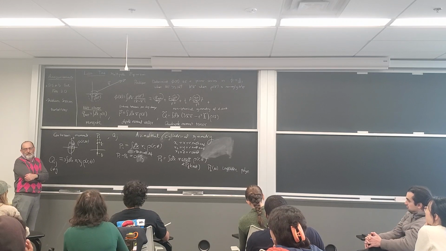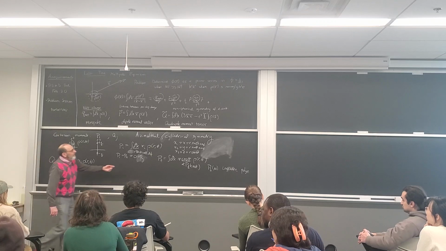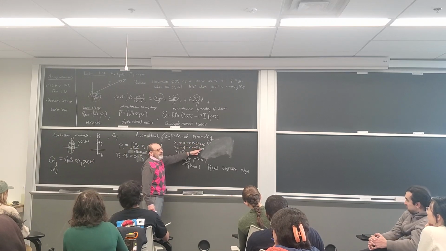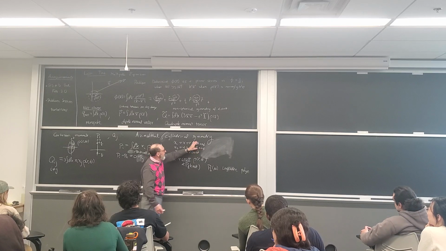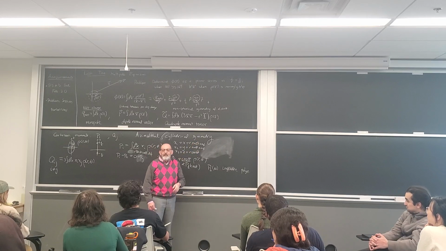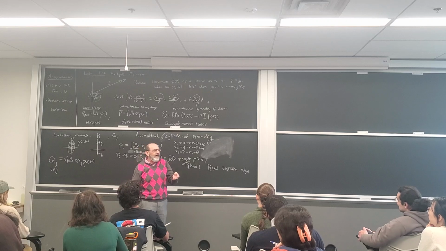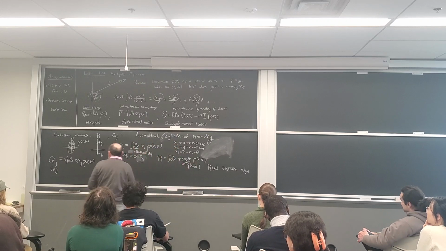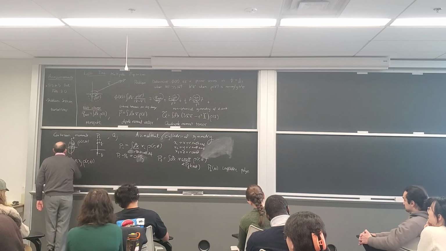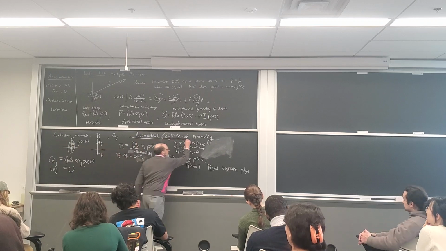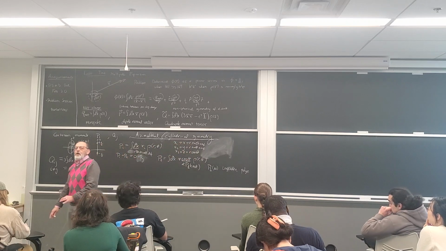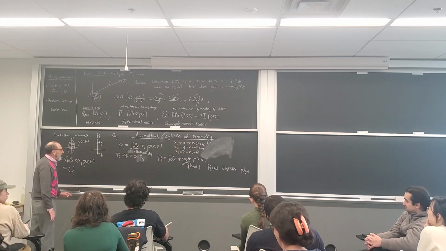Still 0, right? Because one of them is going to be cosine phi, that's 0. One of them is going to be sine phi, that's 0. Then one's going to be sine times cosine, which is proportional to sine 2 phi, which is also 0 when you integrate. So all the off-diagonal elements, if I have azimuthal symmetry, are 0. And so the only non-zero components are on the diagonal, okay?